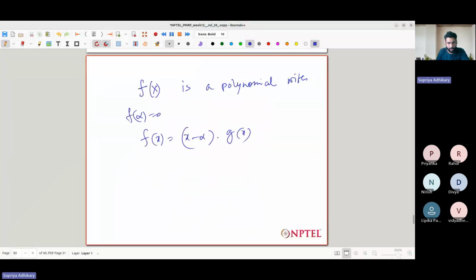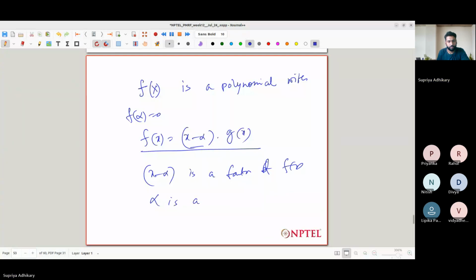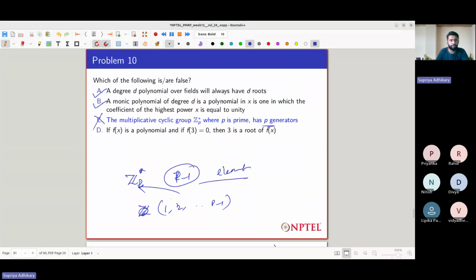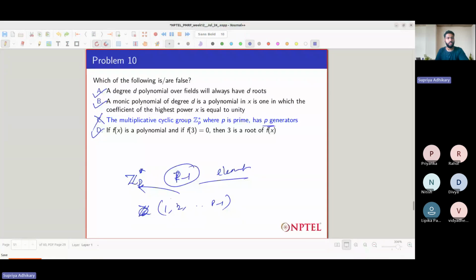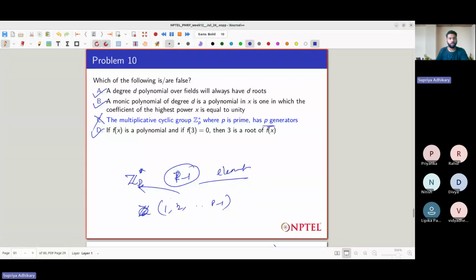Now, if f(x) can be written like this, then definitely alpha is a root of f(x), because x minus alpha is a factor of f(x), and that means that alpha is a root. We have seen the proof in the lectures, so this is true. So the only false statement was statement C.